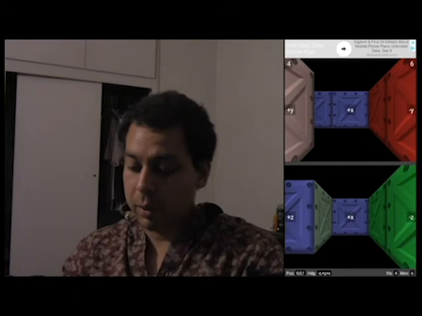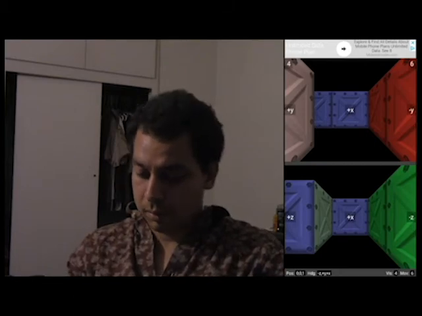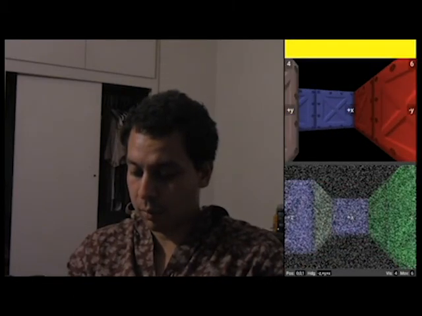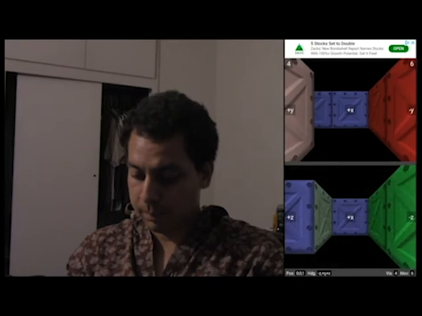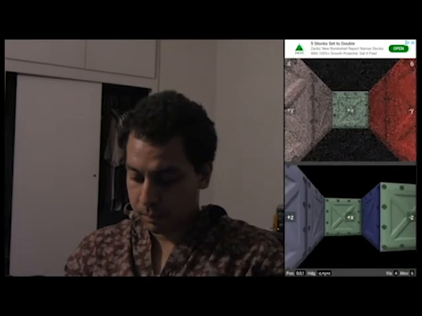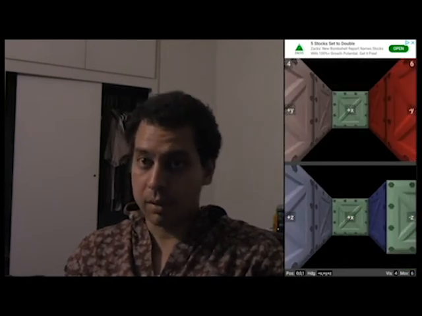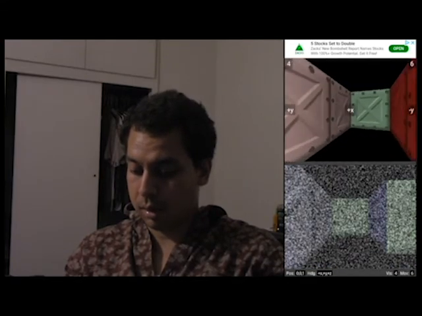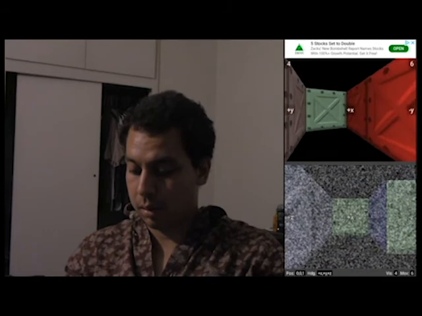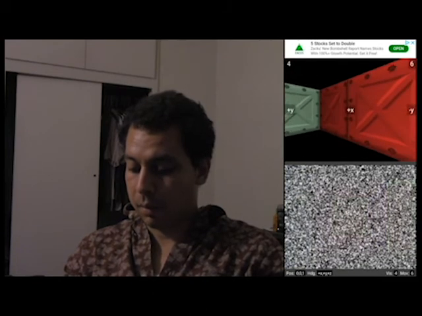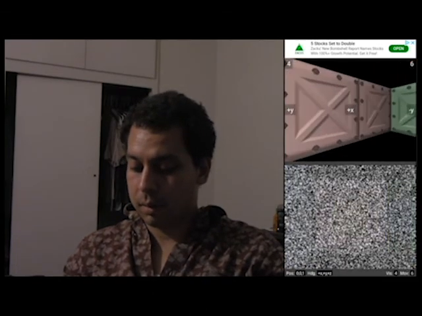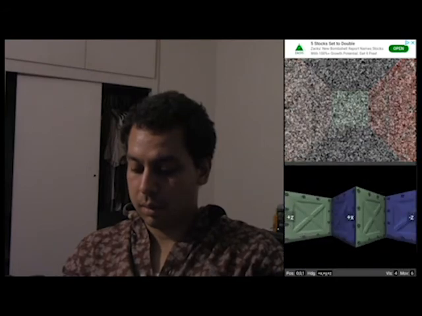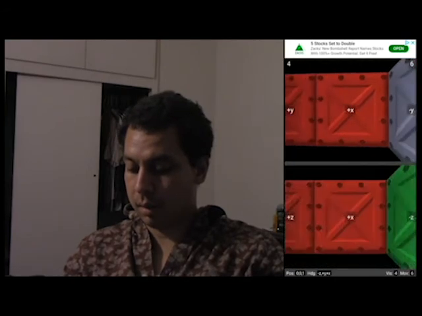The red walls that you see right here, these red walls, the pink and the red wall, they are the same as these pink and red walls. You see where the X is at? That one and that one is the same thing as that one.